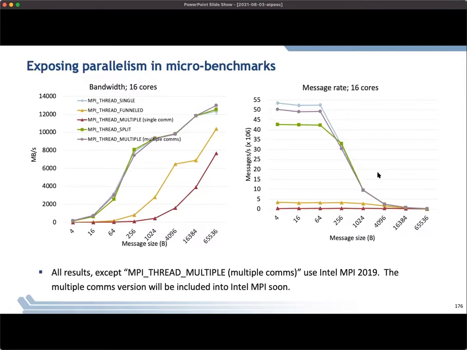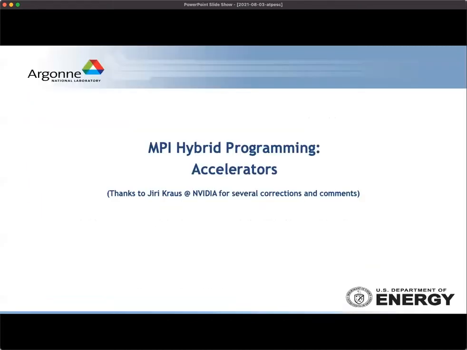So you get all the goods from the threads, but are not paying the high costs that used to be associated with MPI thread multiple communication.